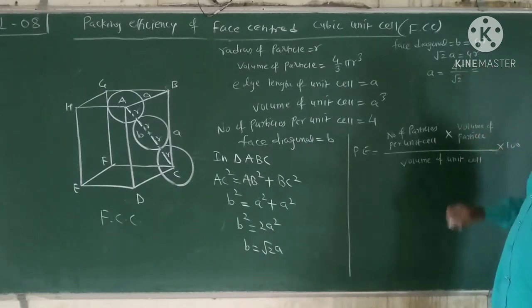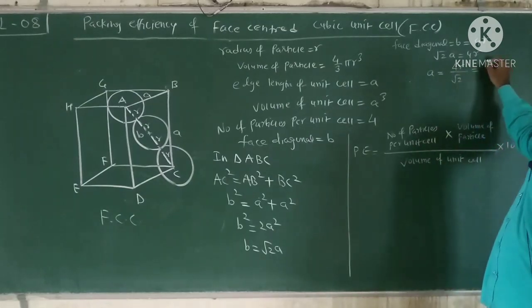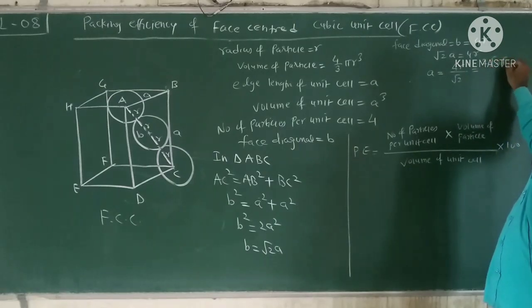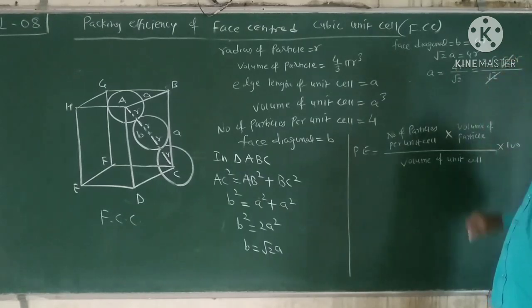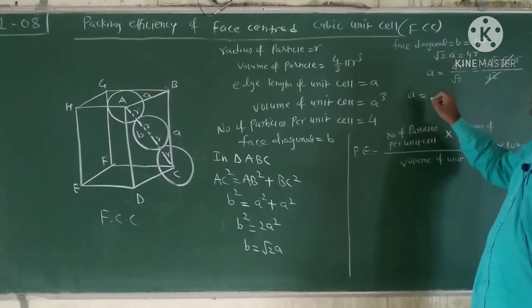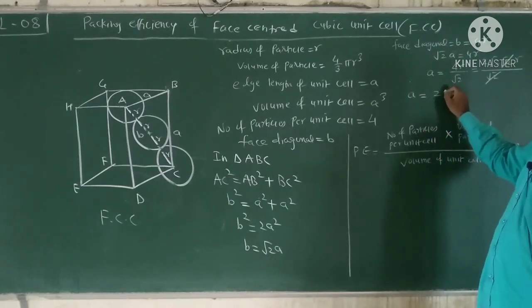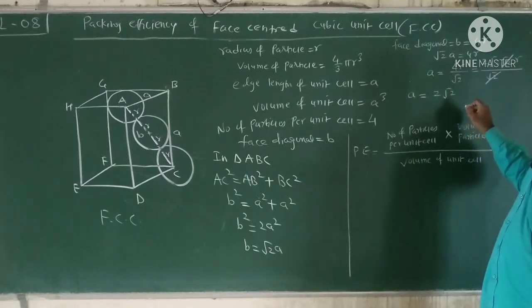Now we can still simplify it because 4 can be written as 2 multiplied by square root of 2 into square root of 2, which is nothing but 2. 2 multiplied by 2 is 4. Radius divided by square root of 2. This square root of 2, this square root of 2 we can cancel. We can write A is equal to 2 times square root of 2 r.